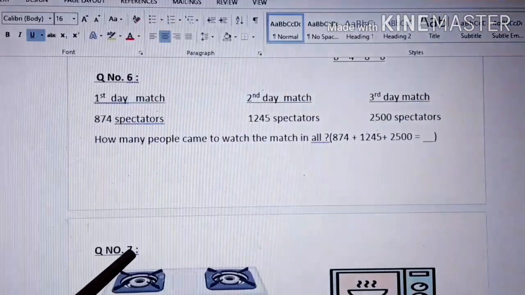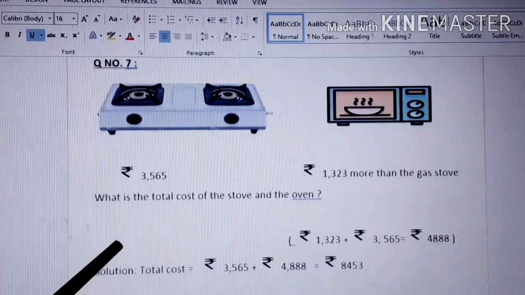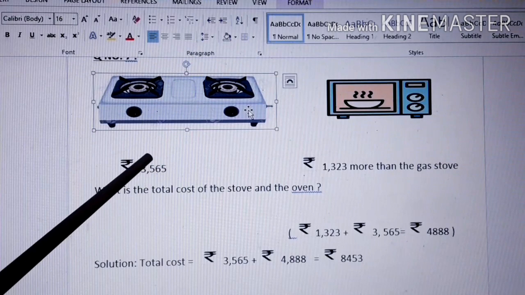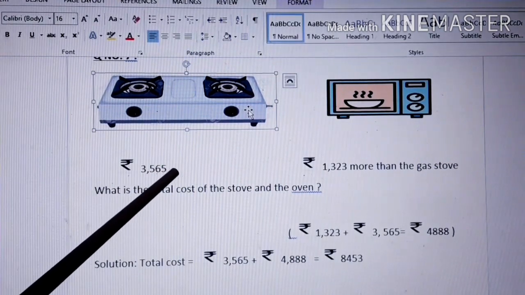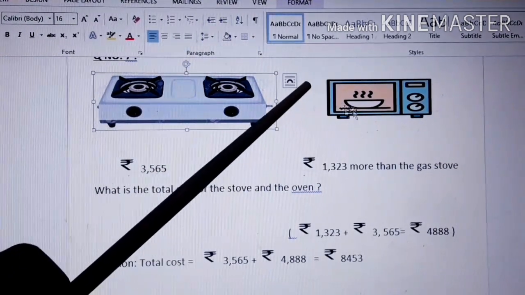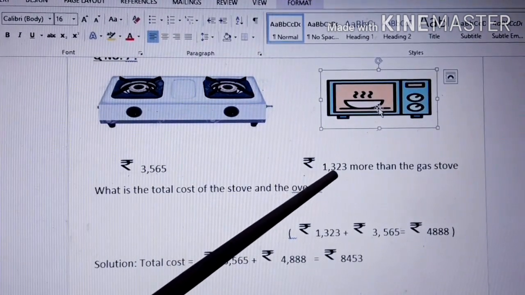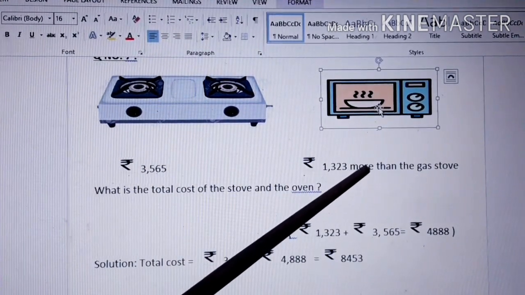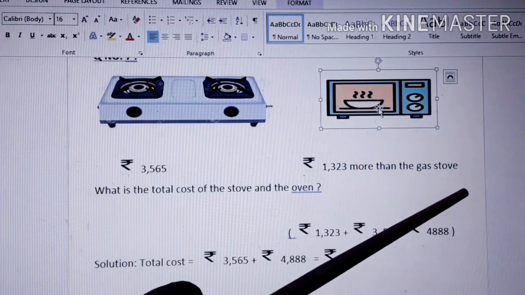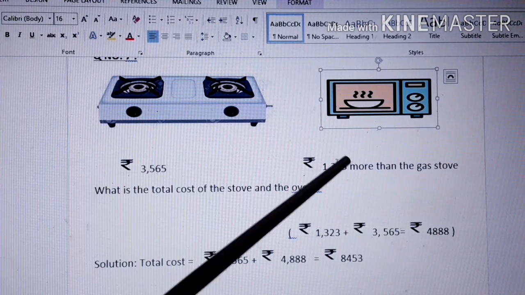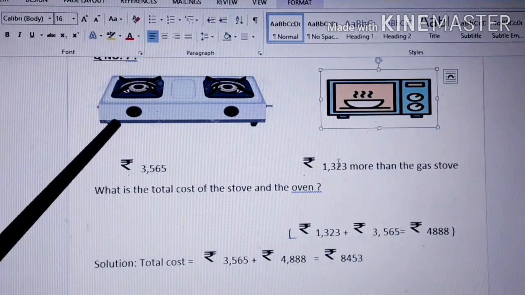Okay. So let's see with pictures. So the first one is the gas stove, children. Cost is what? 3,565. Second is the microwave oven. What is the cost? Rupees 1323 more than the gas stove. They just told that it is this much more than the gas stove.